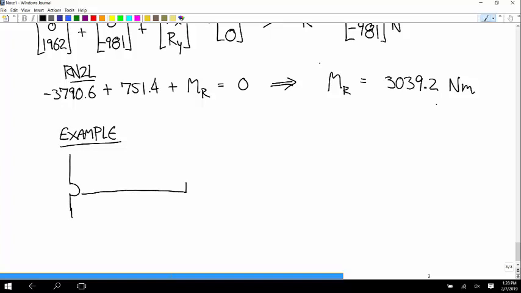Okay, so let's say we have a horizontal beam that's connected to the wall over here by a pin joint. So it's free to rotate along this. And then it has another pin in the middle that's free to slide along this slot.